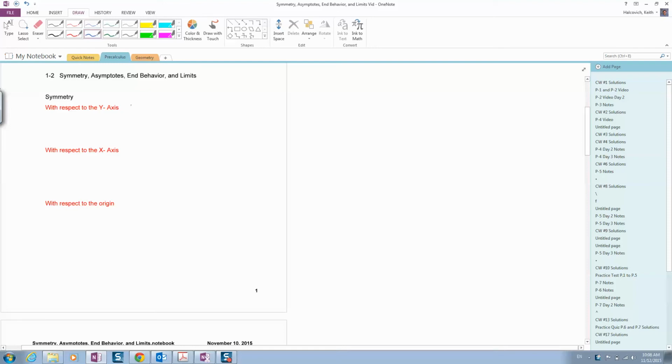So if you look at a function with its coordinates, it's symmetric to the y-axis when basically the y-coordinate is the same, but the x-coordinate is the opposite.